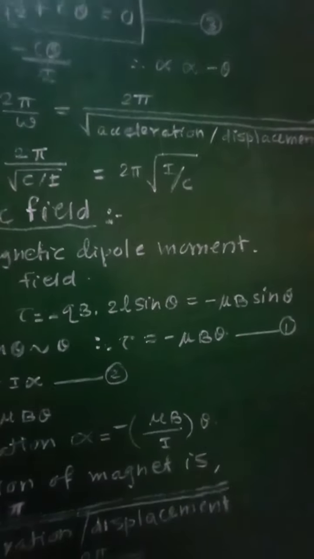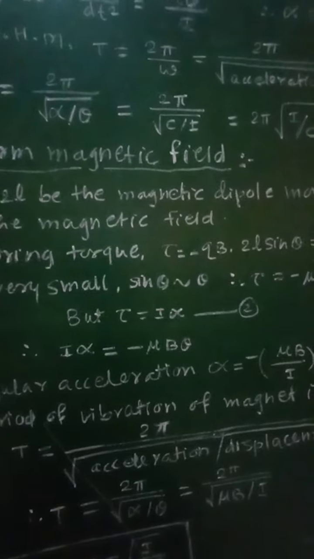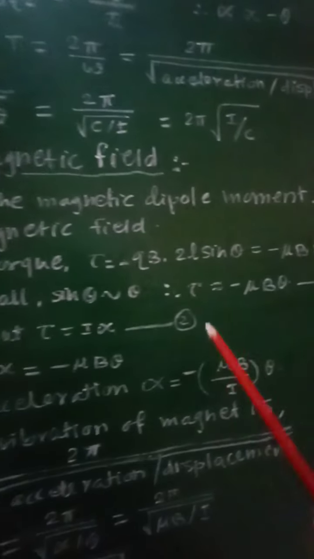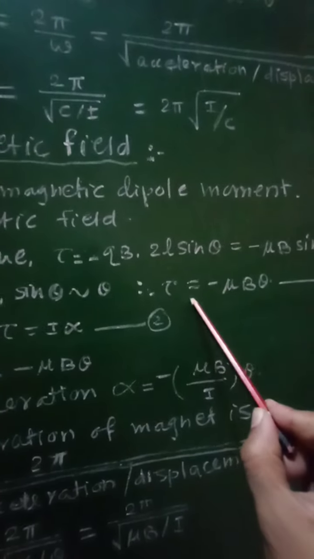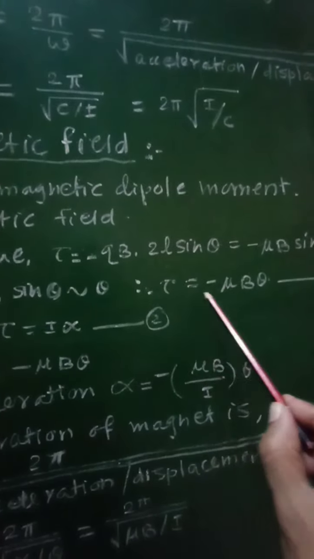So in this case, as theta is very small, sin theta will be taken as theta, and therefore restoring torque is equal to minus mu B theta, as equation number 1.